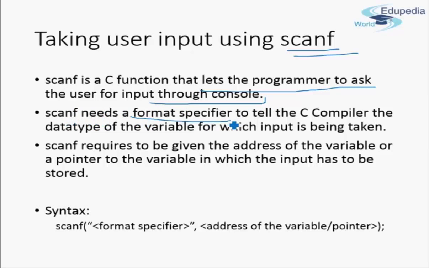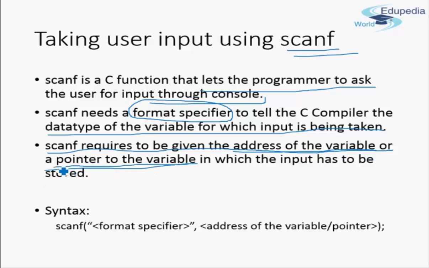Scanf also needs a format specifier, similar to the printf statement, to tell the C compiler the data type of the variable for which the input is being taken. Apart from it, scanf requires to be given the address of the variable, or a pointer to the variable.